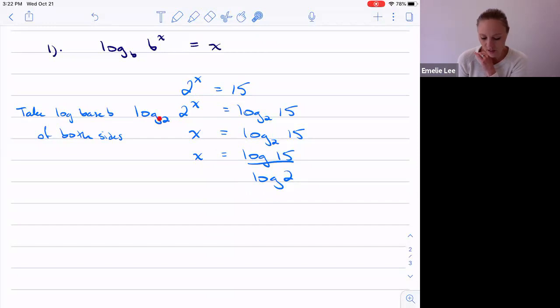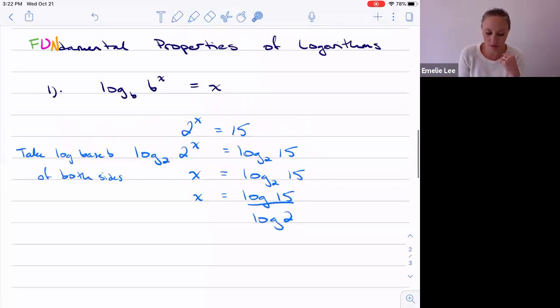Because I'm just showing you how you would use this fundamental property in solving for x. So instead of doing it like we did last day, I just find it's easier to just take the log of both sides, the log of the appropriate base.